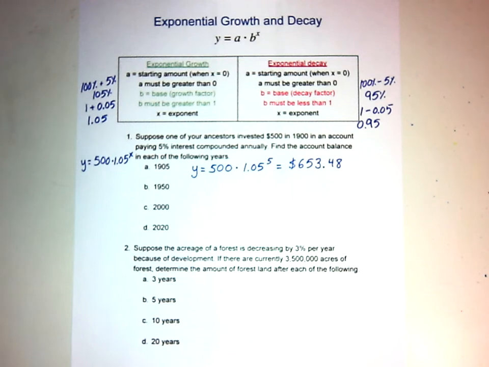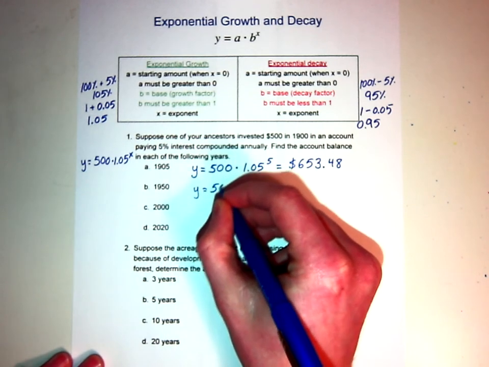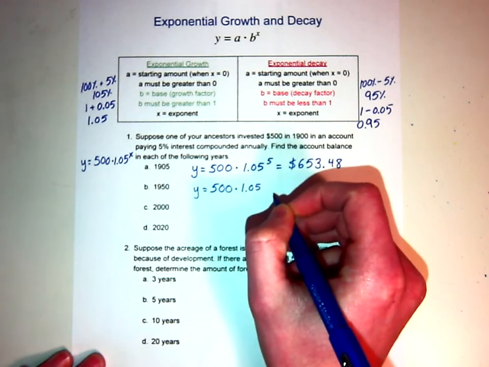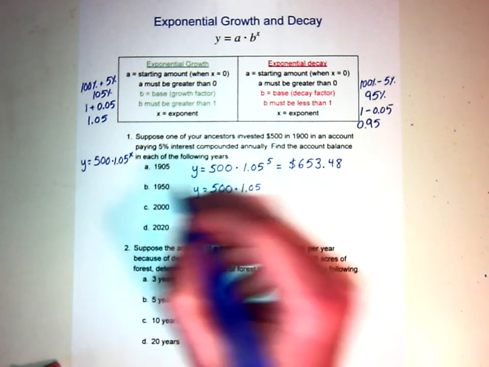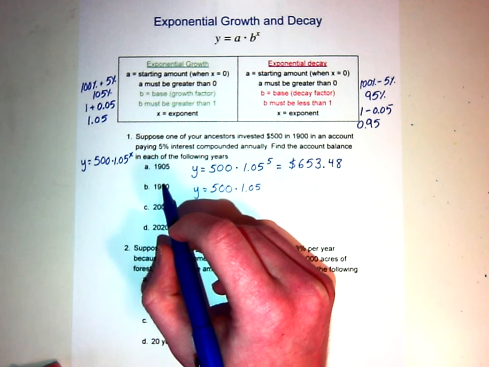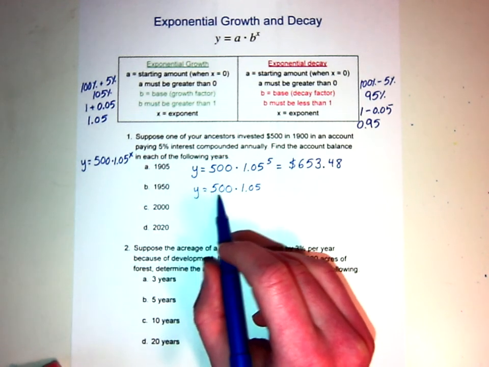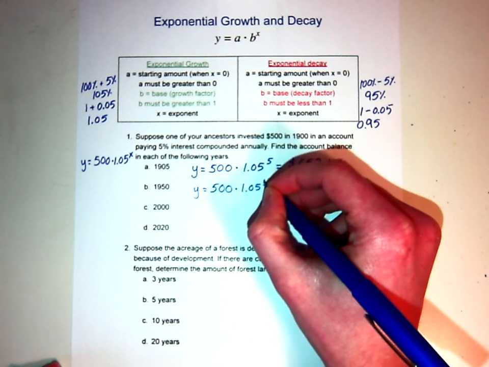Okay, let's do it at 1950. So y equals 500 multiplied by 1.05. But we need to determine what power we are going to. This time it's going to be 50. We don't go from what year we last found, because we said from the very beginning we're using our base number, the starting amount. So we're going to use 50.